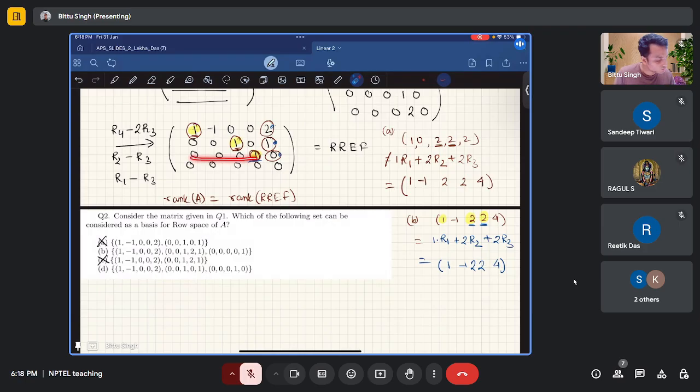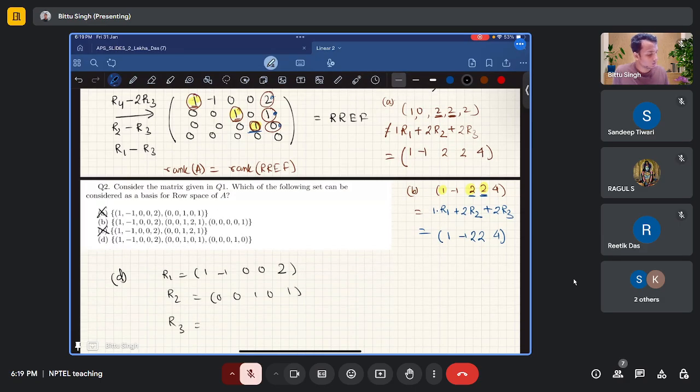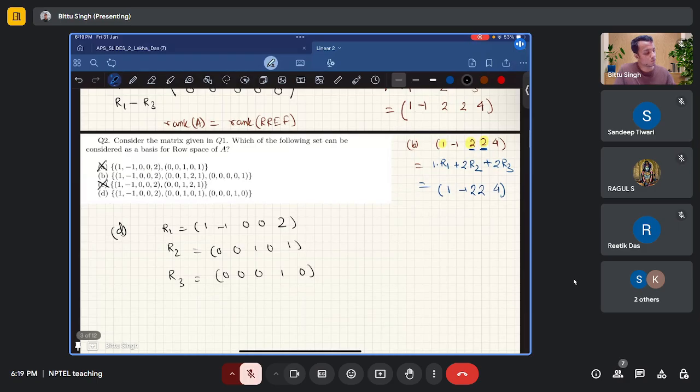And the last entry is 0 0 0 1 0, so the answer is D. Because R1 is 1 minus 1 0 0 2, R2 is 0 0 1 0 1, and R3 is 0 0 0 1 0. So from here you can conclude that option D is the correct answer.